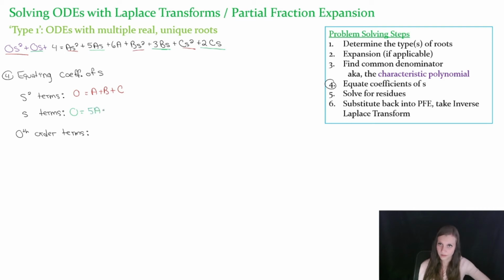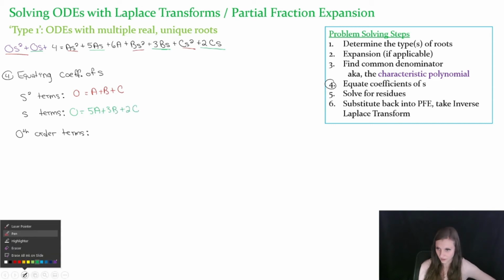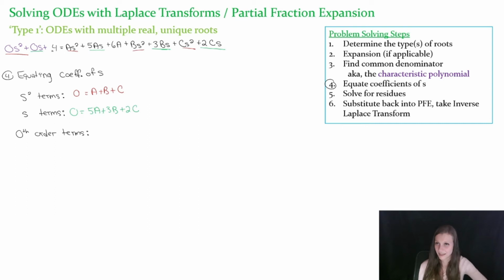Okay, and then for my 0th order terms, I have 4 on the left-hand side, and I have 6A on the right-hand side. So now I'm going to move on to step 5.